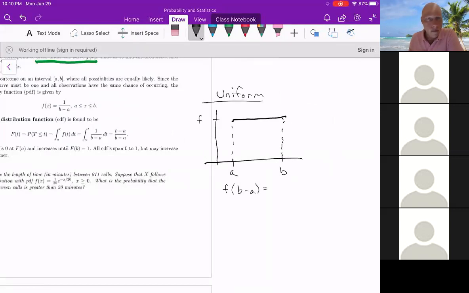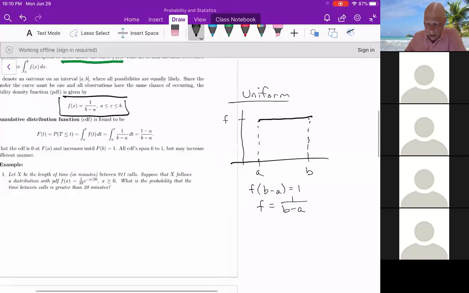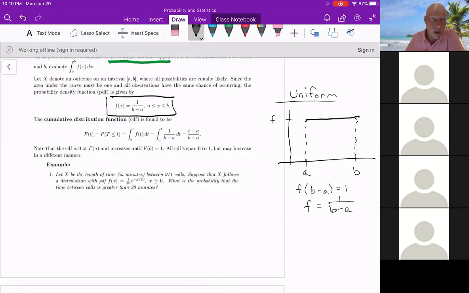This is the area, length times width. And that has to be 1, which means that f is 1 over b minus a. So that's where this PDF came from. It's the easiest one that you're going to come across, which is why I start with it. And then we get to some others that are a bit more fun to play with.